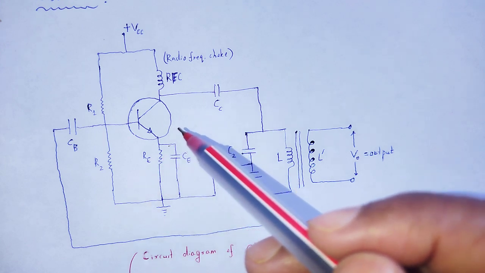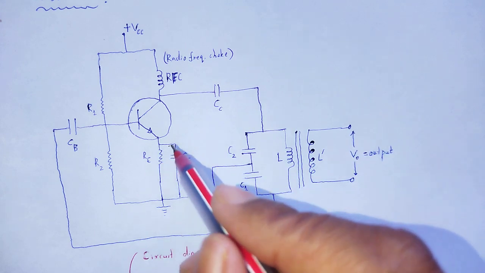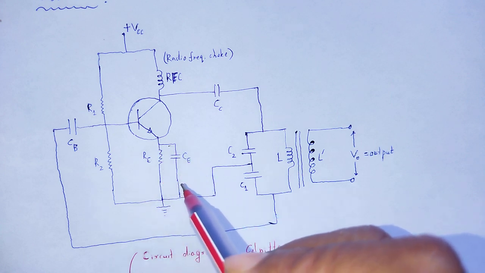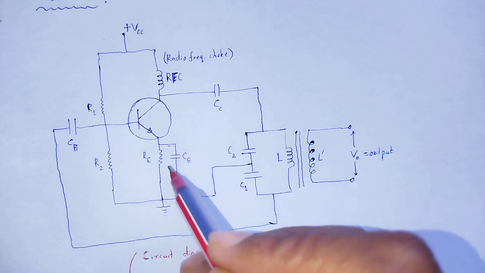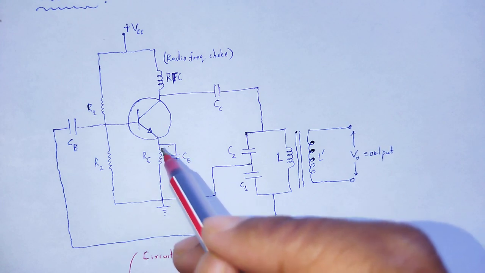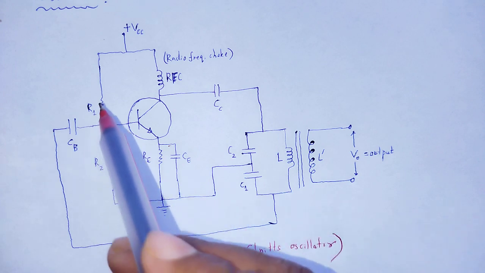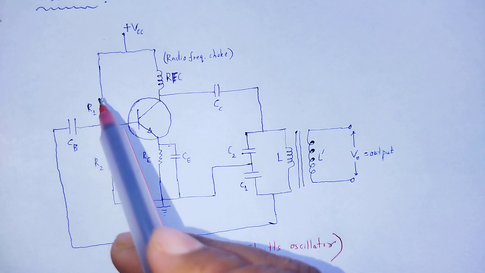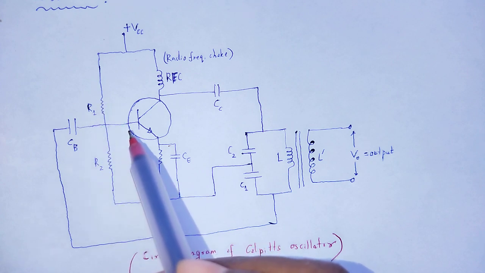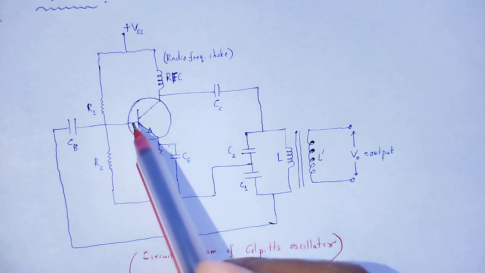To avoid such a situation, a bypass capacitor is introduced across RE. That capacitor blocks DC and allows AC. R1 and R2 form a voltage divider introduced to the transistor to give proper biasing condition.